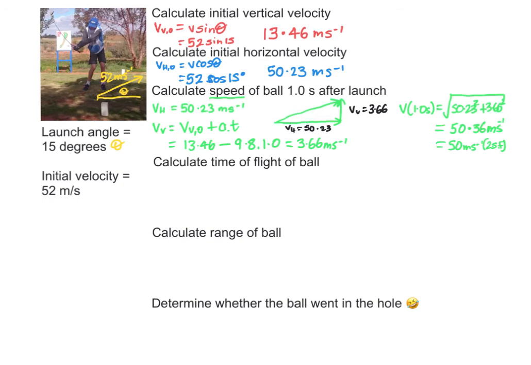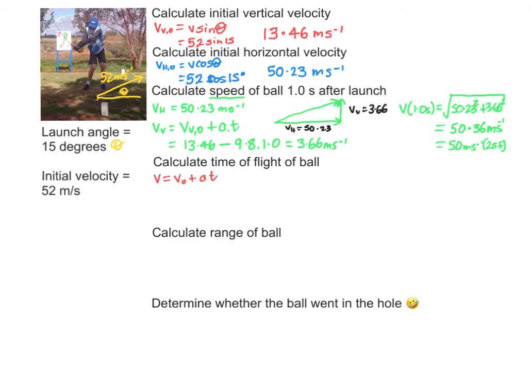Then we need to calculate the time of flight of the ball. When we're interested in time of flight, we're really only interested in the vertical component of the velocity. I'll strictly speaking start with the formula v equals v0 plus at, and we want to rearrange that.